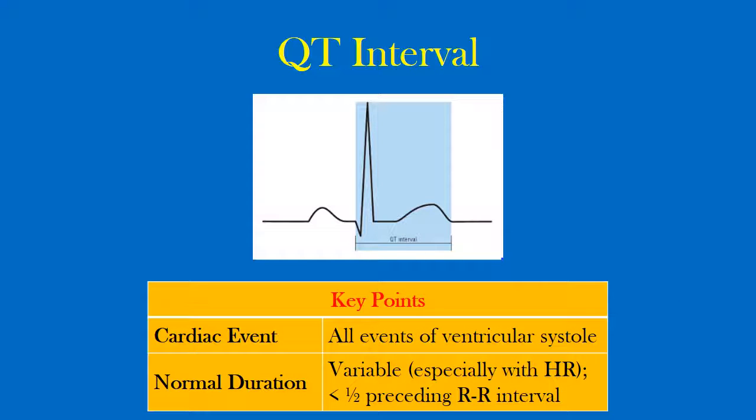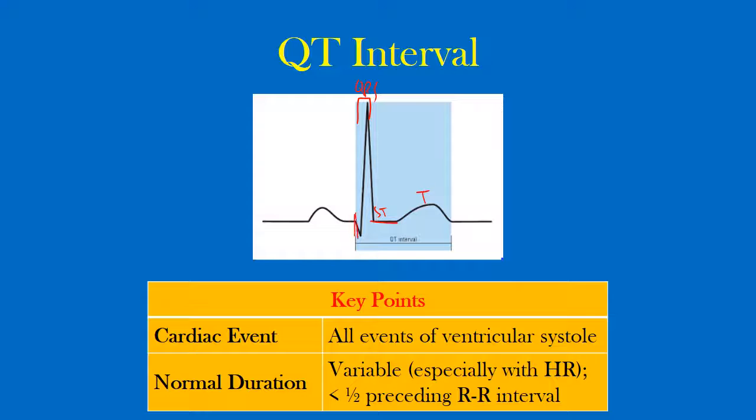The QT interval begins where the PR interval ended. It includes the QRS complex, the ST segment, and the T wave. So here, as we said, is our QRS complex. Here is our ST segment, and this is our T wave.